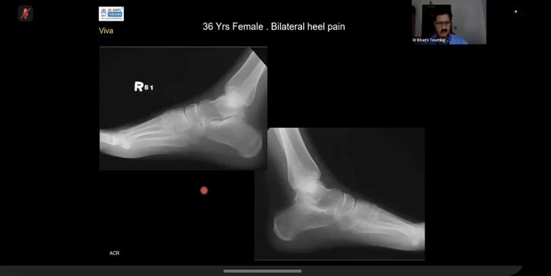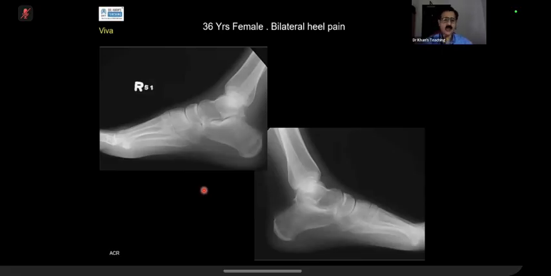There are sclerotic lines involving the calcaneum, more on the right side. And conclusion? Calcaneal stress fracture.